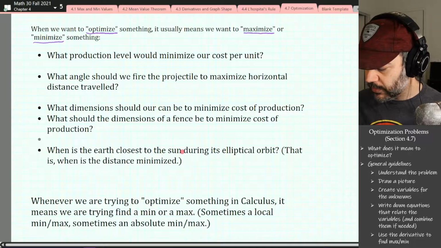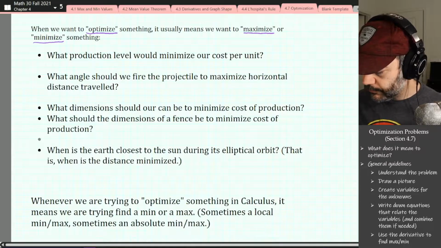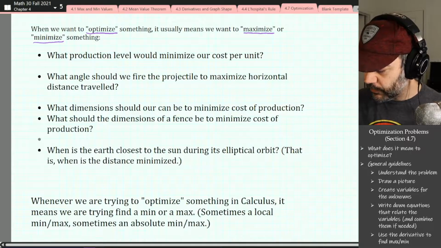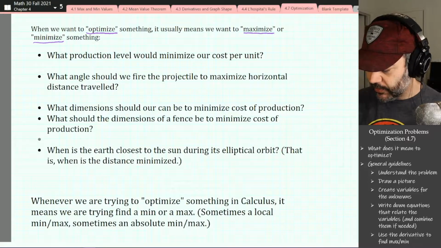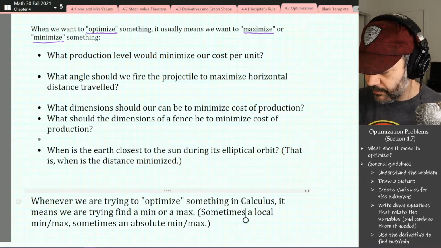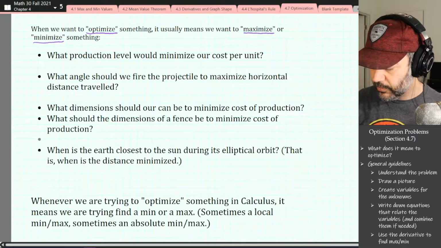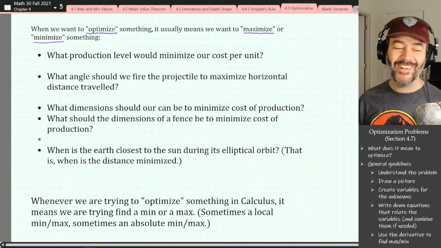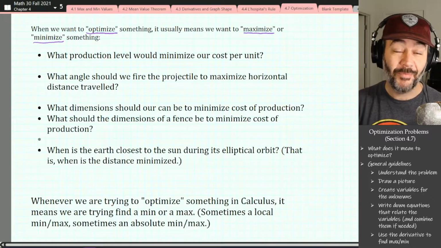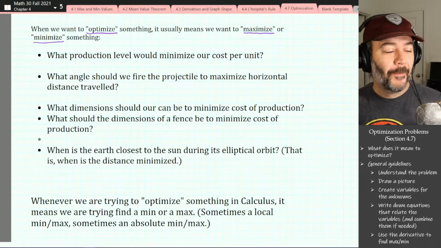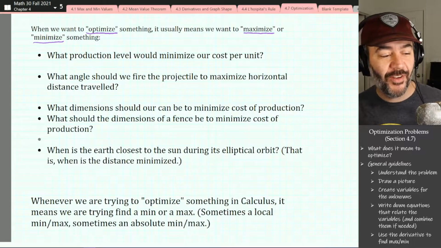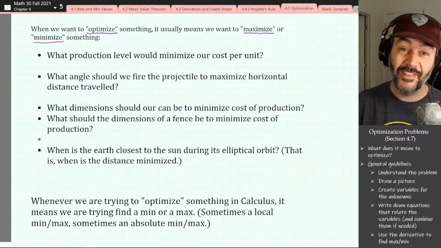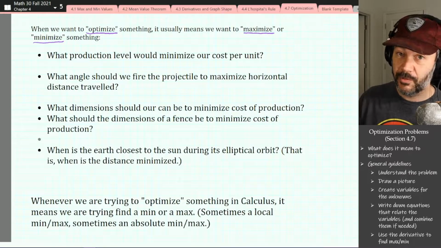Sometimes you might have a question like, when is the Earth closest to the sun during its elliptical orbit?